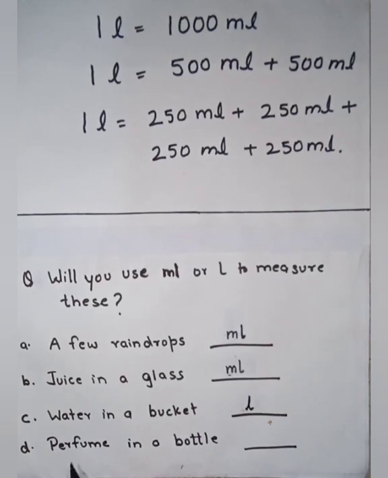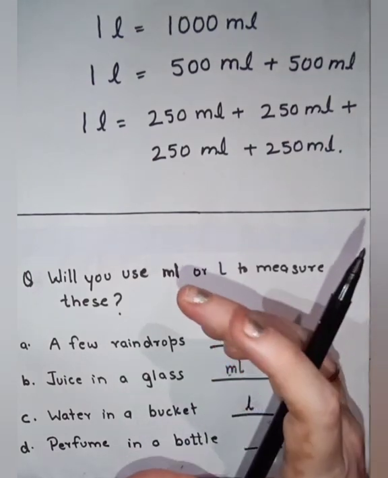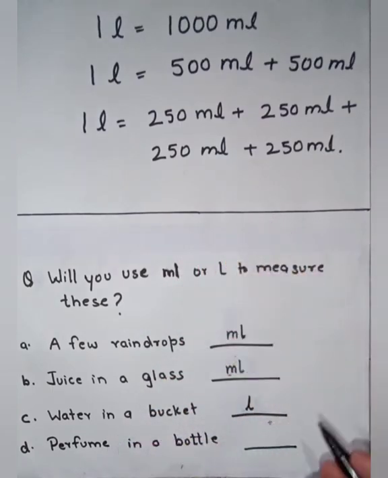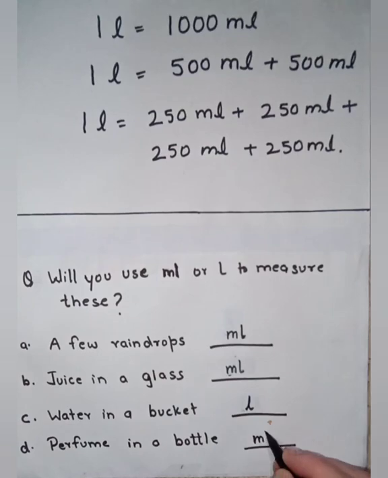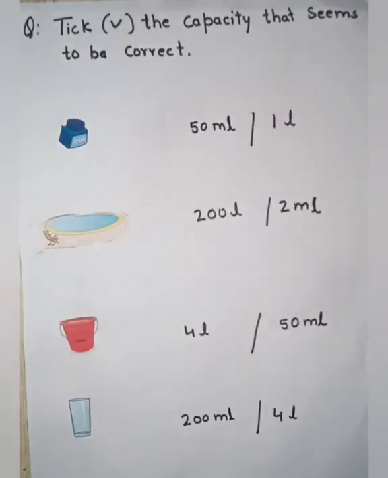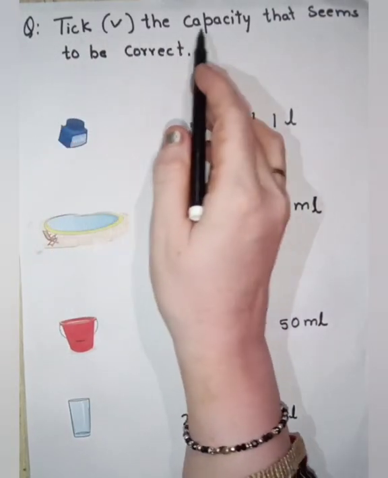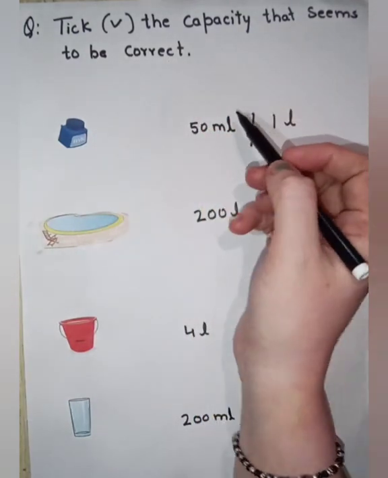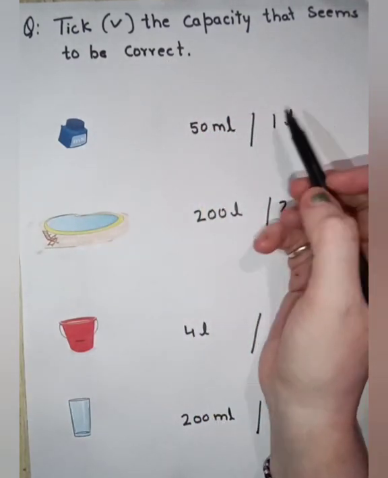Yes. Last is perfume in a bottle. So, perfume in a bottle. It means small quantity. So, again we will write milliliter. Okay? Easy? Let us do another question. So, next one is take the capacity that seems to be correct. We have to take the correct option.